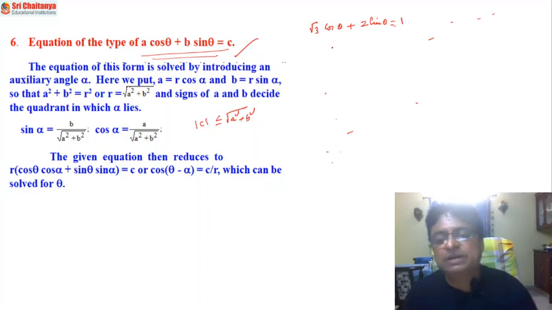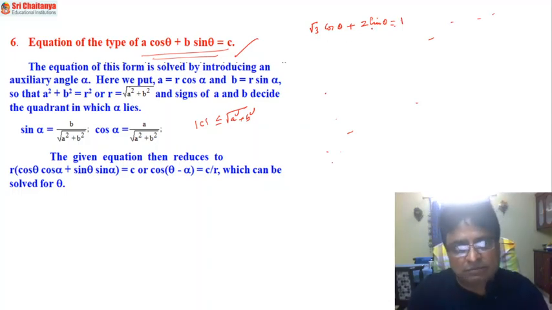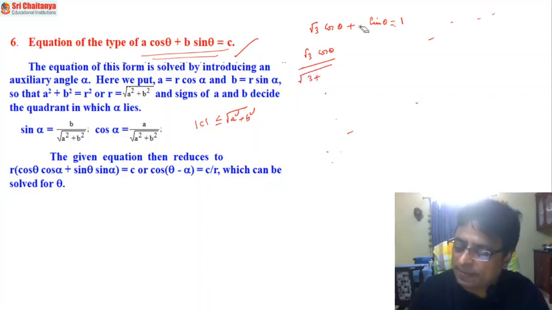So as per the steps, what I am doing is dividing both sides by root of a square plus b square. So it becomes root 3 by root of 3 plus 1 cos theta plus 1 by root of 3 plus 1 sin theta is equal to 1 by root of 3 plus 1.